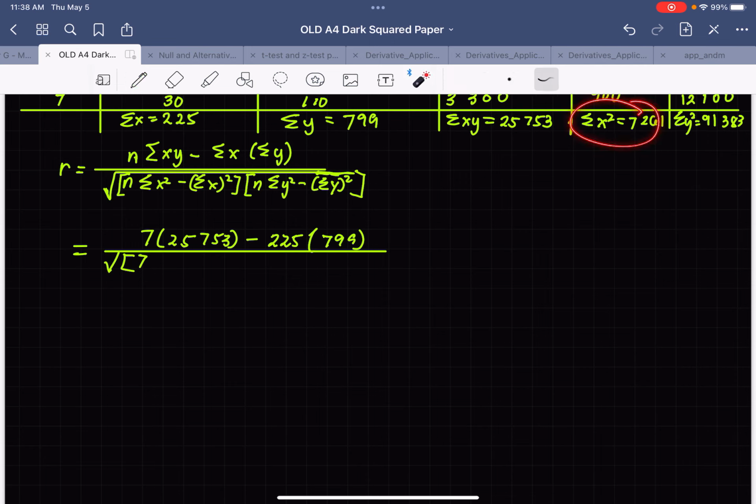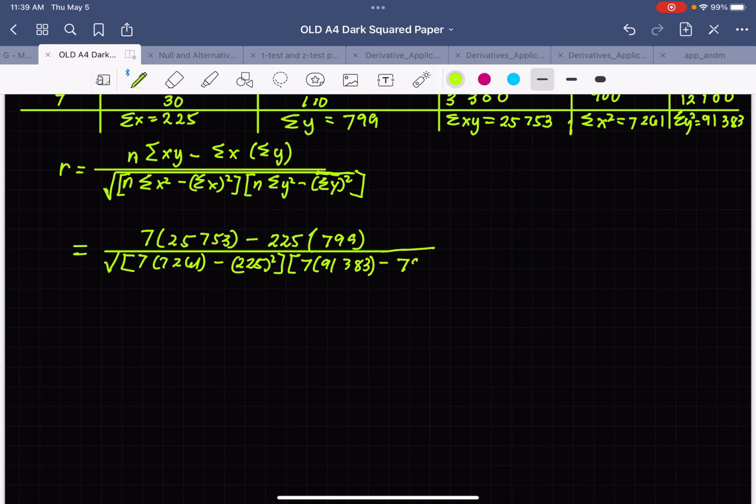The summation of x squared is 7,261, minus the summation of x, 225, squared, times 7 times the summation of y squared, 91,383, minus the summation of y.